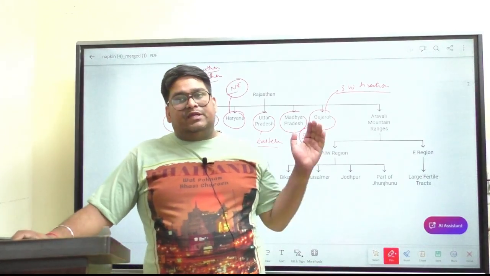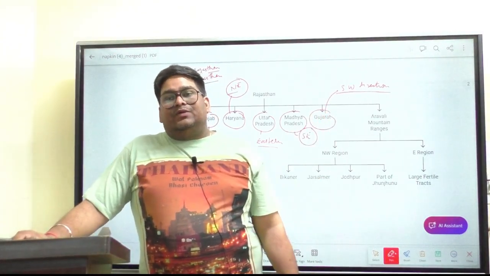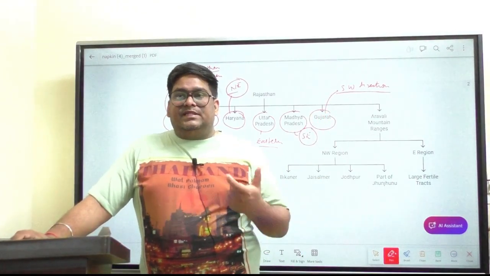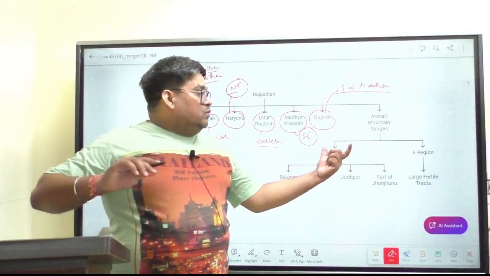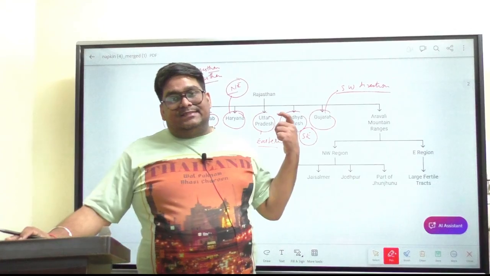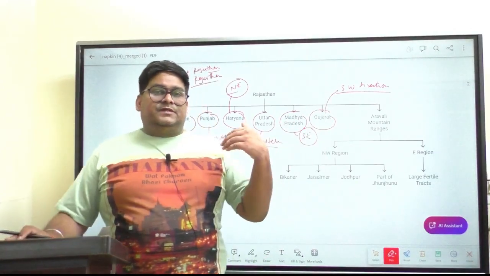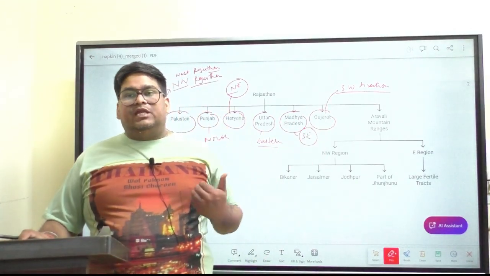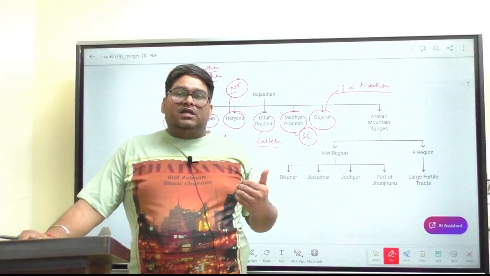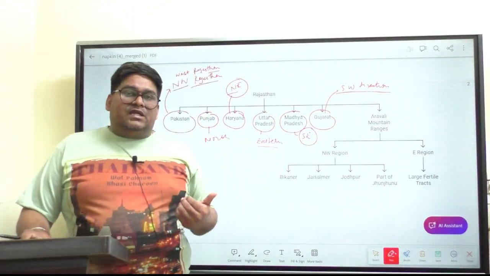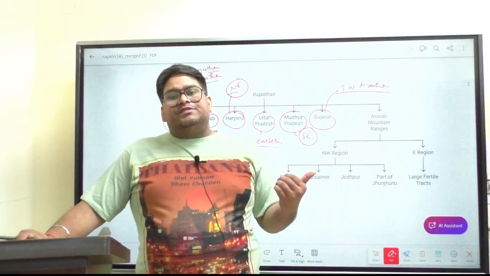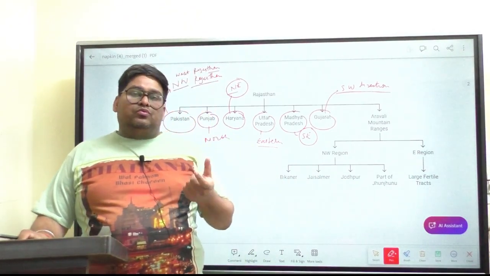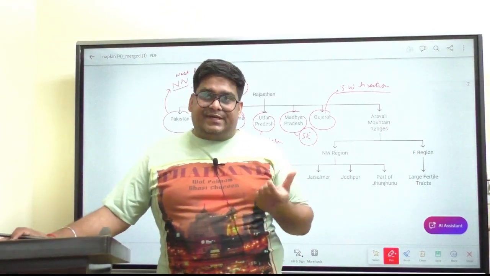If you look at the map, the Aravalli range starts from Delhi and runs to Gujarat, a continuous chain. It cuts through the state almost vertically, so the Aravalli ranges divide the state roughly into two parts.